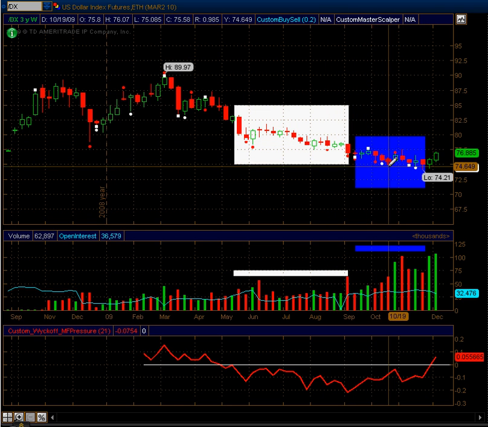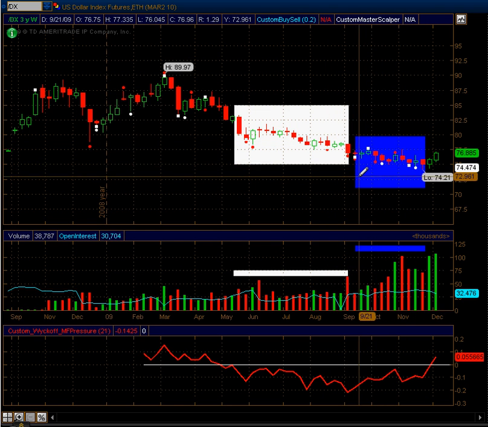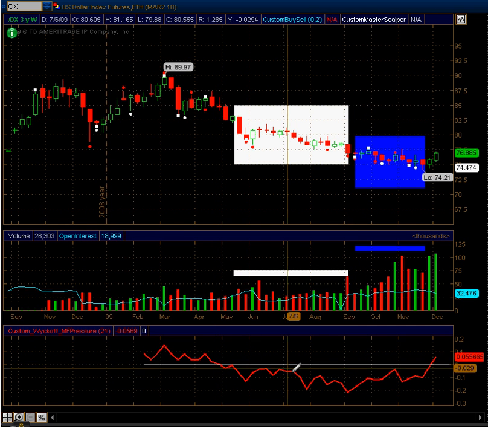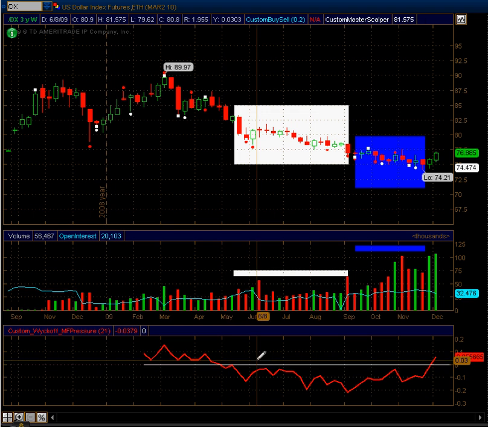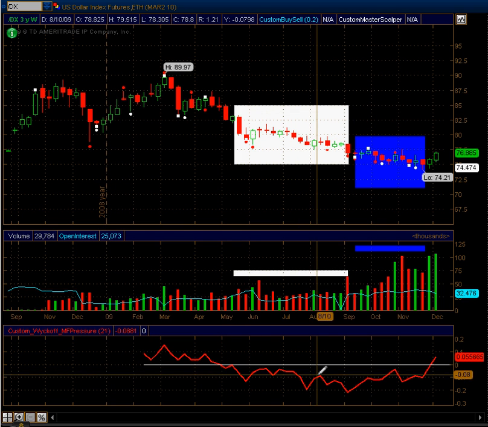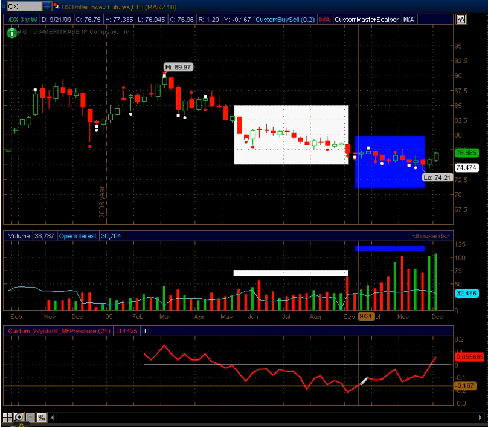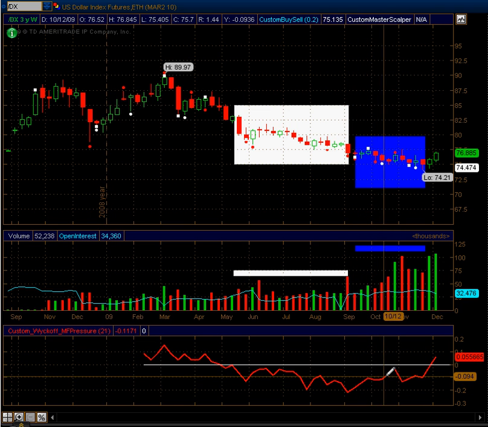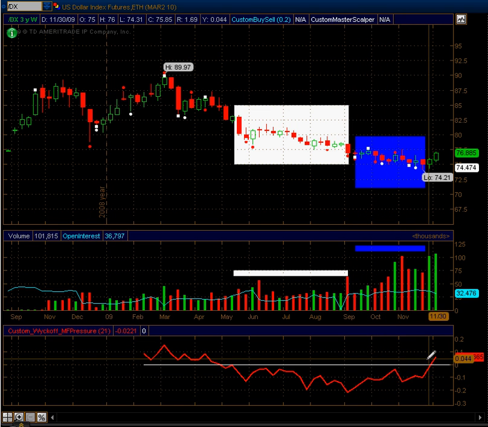Actually, it's kind of starting to turn here. As you can see, it's starting to turn. I'm going to go down to my money flow indicator down here, and as you can see, pretty much the same thing. I mean, it's kind of selling off, but then right near this shaded area, the money starts to pick up to the upside.